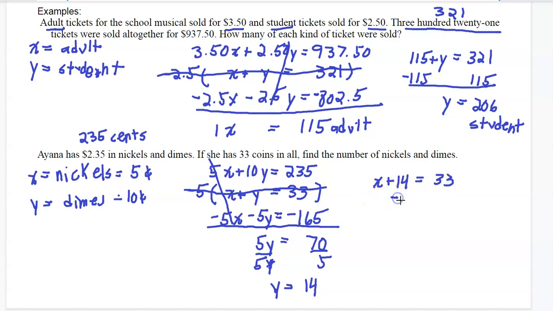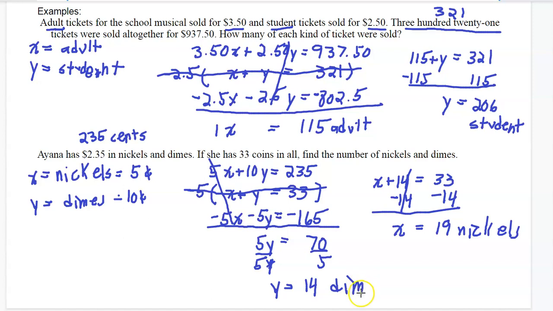Subtract 14 from both sides. Boom. X equals 19 nickels. And of course, these 14 would be the dimes. Okay, so there you go.